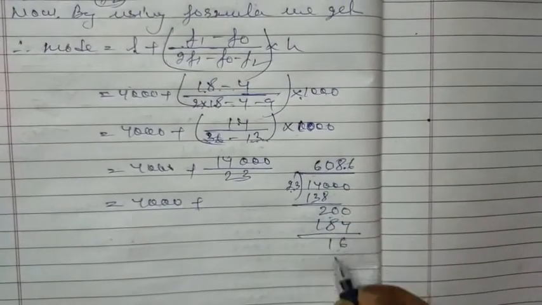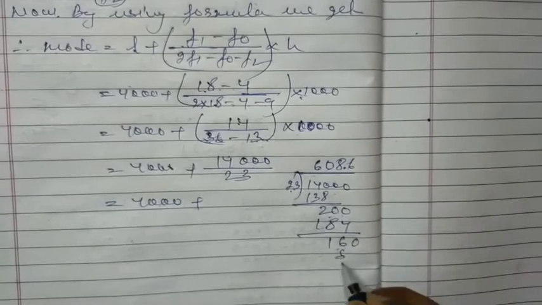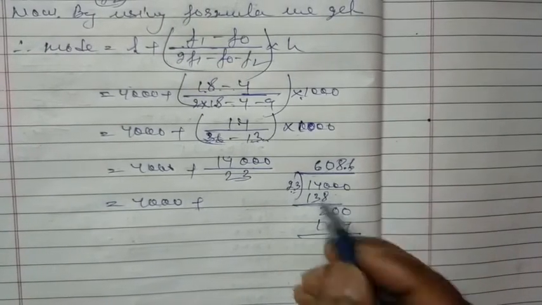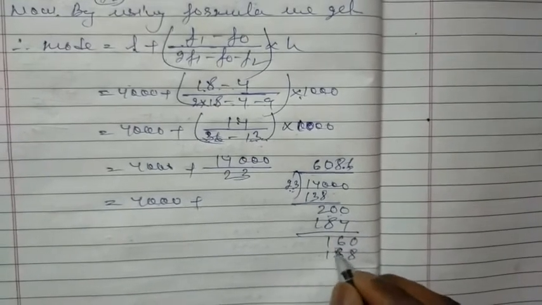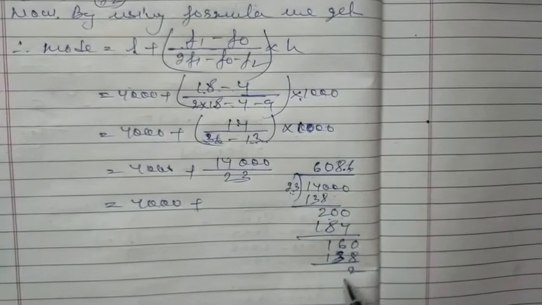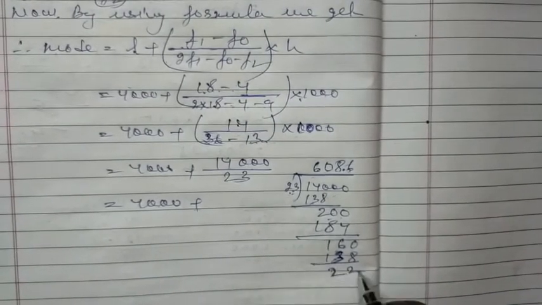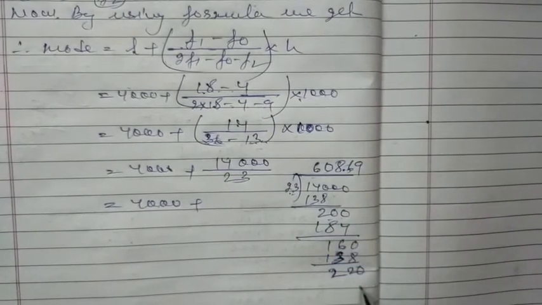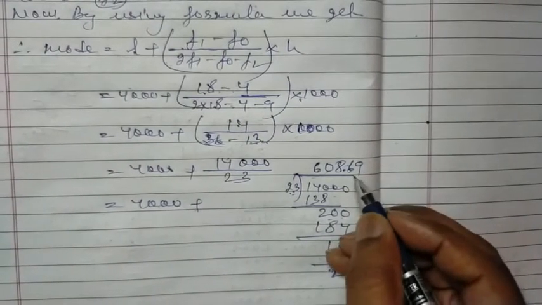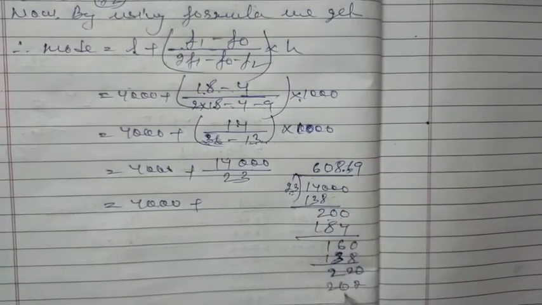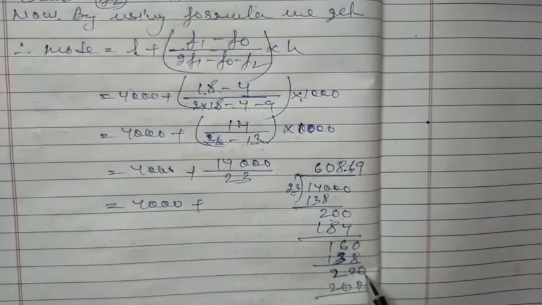Again 6 times. 6 3s are 18, 1 carry. 6 2s are 12, 13. Again 0. How many times? 9 times. 9 3s are 27, 2 carry. 9 2s are 18, 20. 10 minus 7 is 3.